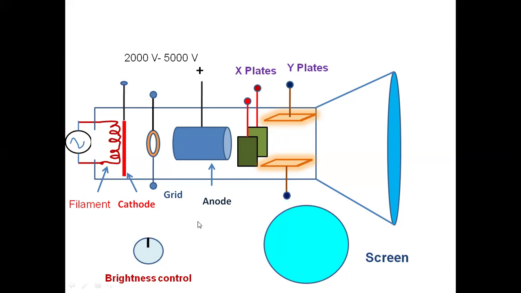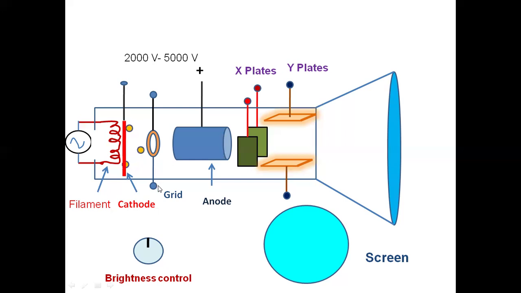So when we heat up the cathode by means of a filament, what happens? The electrons are ejected out and they form a cloud. And these electrons are made to accelerate towards the screen by giving positive potential to the anode with respect to the cathode. In between, which was not shown in the previous video, is the grid.